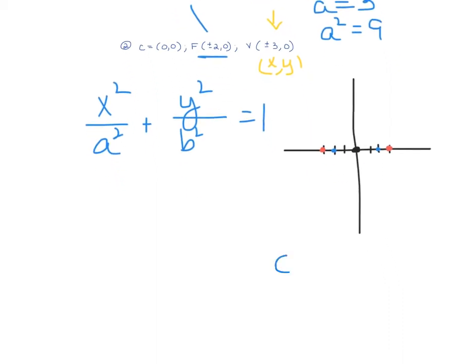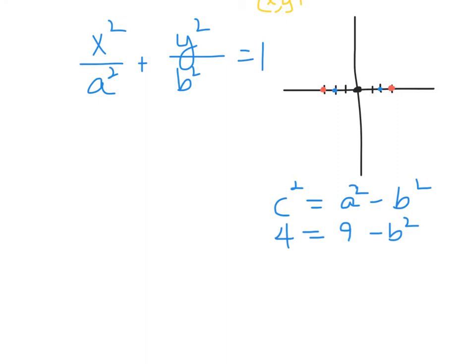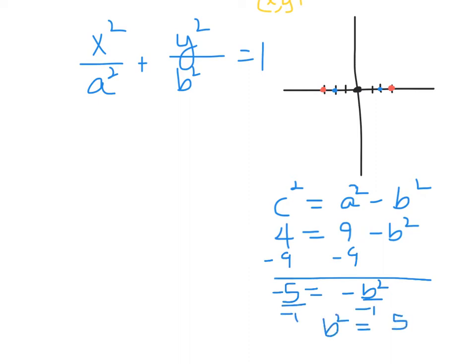So again, I don't need C squared in my standard form, but I do need B squared. So I'm going to use C squared equals A squared minus B squared to find the value of B squared, because I have A and C. So C squared is 4, A squared is 9. Solve this equation for B squared, subtract the 9, divide by -1. So my B squared is equal to 5.